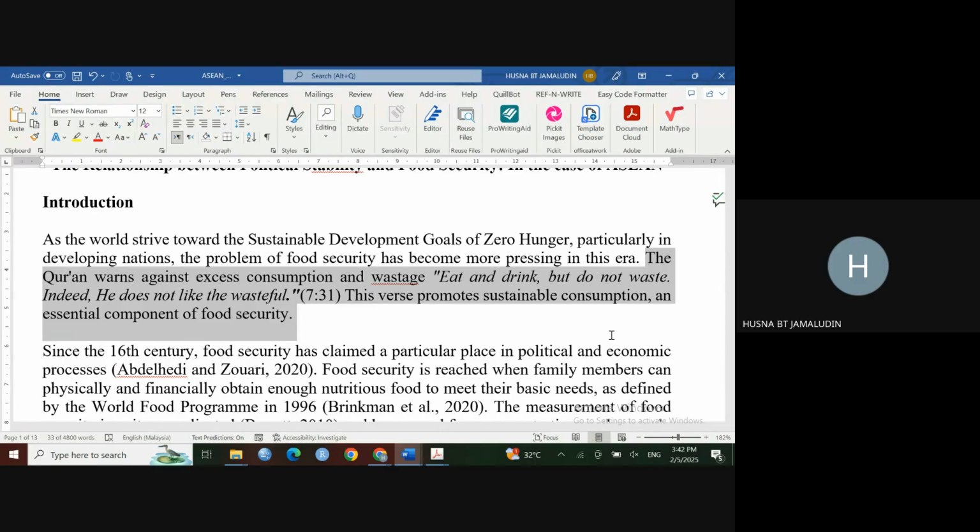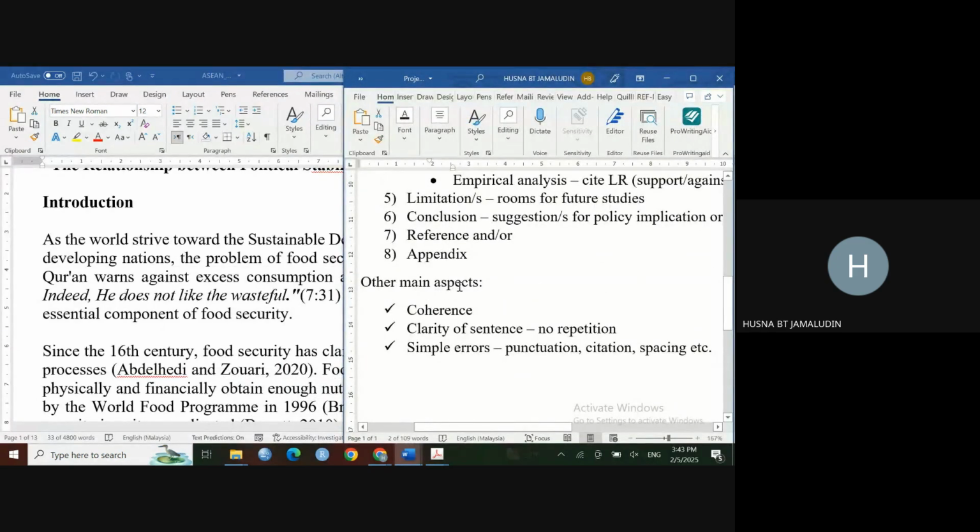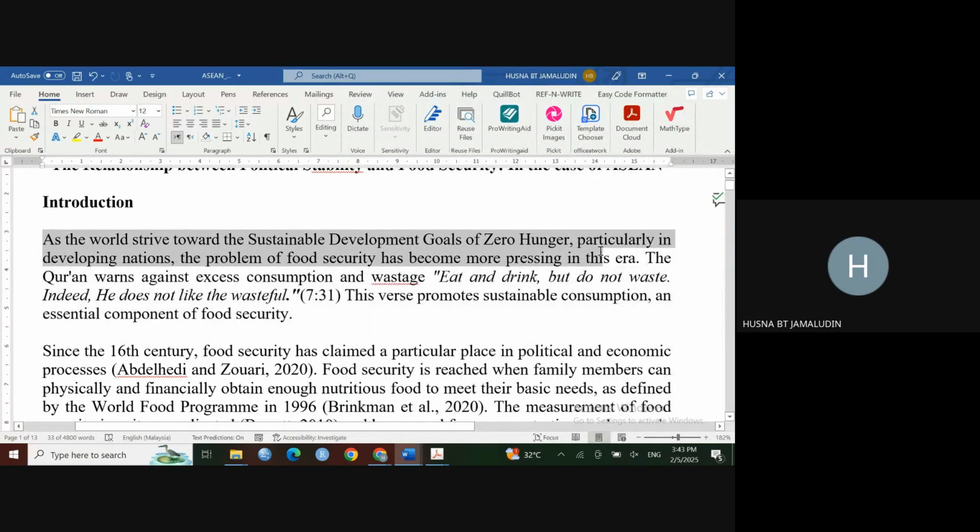That's a very common issue among students. If you see the structure, the main issue is that there is no coherence among the sentences, among the paragraphs. One sentence is talking about something, another sentence is talking about something else. Because of two or three sentences, people get annoyed and then they simply reject your paper.